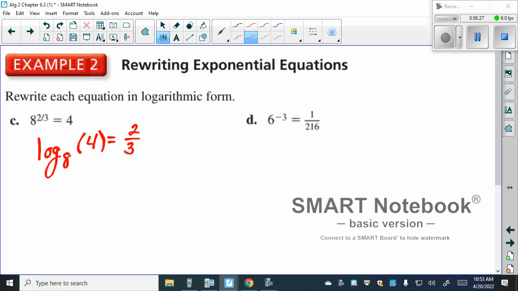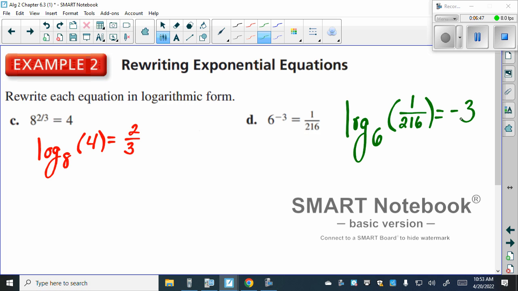Here, since we do have a fraction 2/3, we don't need parentheses around it because there's no exponent applied to it, so we can leave it as 2/3. How about the next one? Any questions on any of these here?